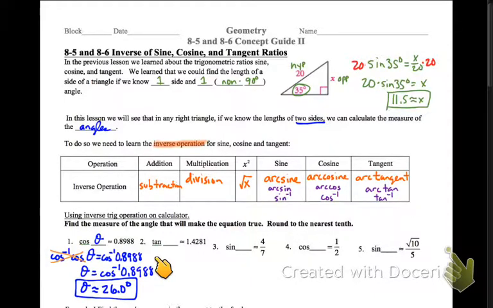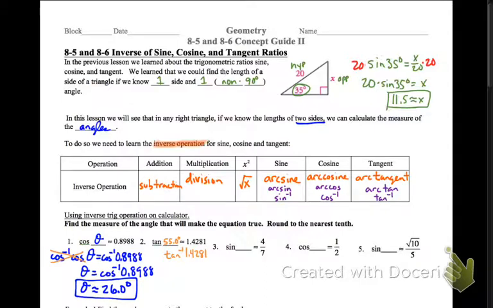So here, the tangent of some angle equals 1.4281. You can just type this into your calculator. The opposite of tangent is arc tangent. You should get 55 degrees.